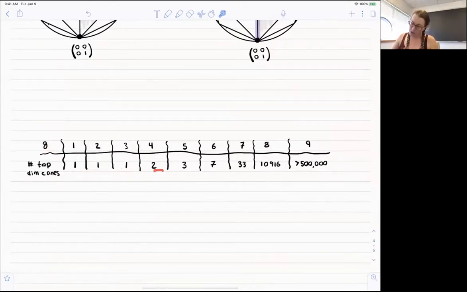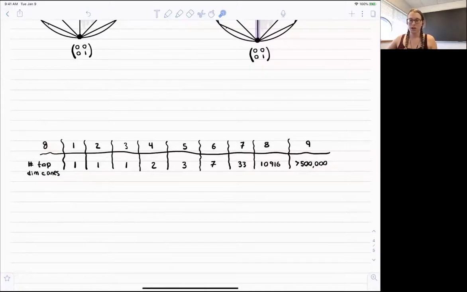Then you get 2 and 3 and 7, and by the time you're at g = 7, there's 33 top dimensional cones, let alone taking all of the possible faces. At 8, there's over 10,000, and at 9, we don't know how many there are. And there are very fast algorithms to compute these sorts of things, but we have yet to fully compute them all. But we know there's at least 500,000 such cones.